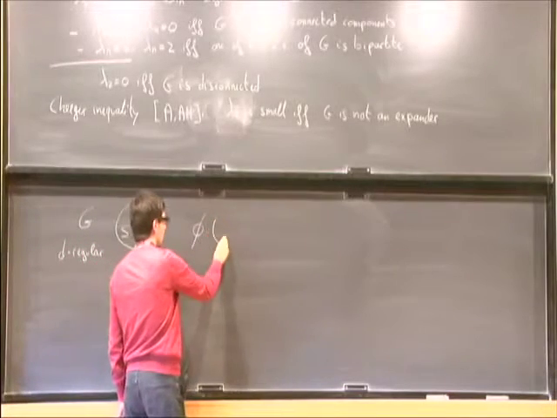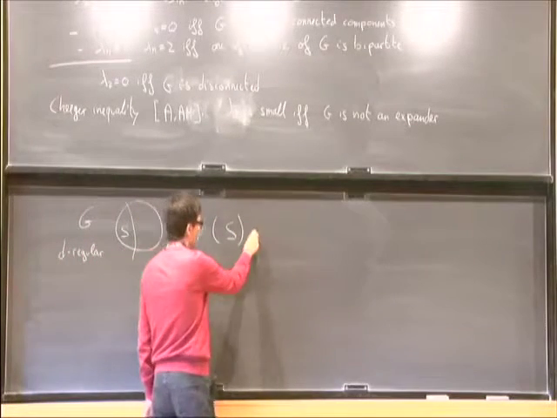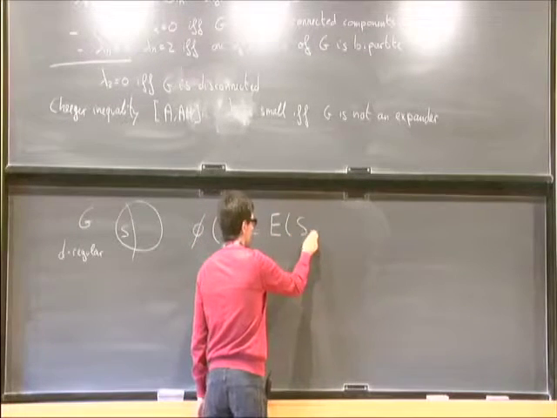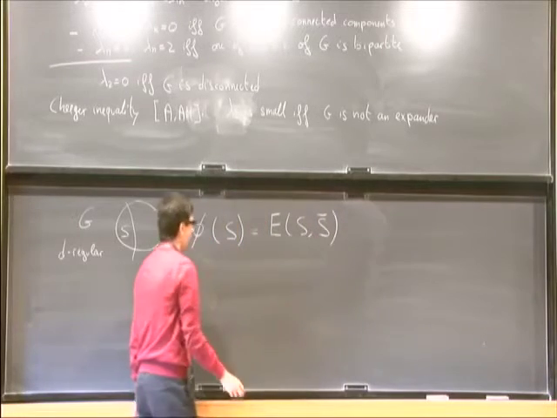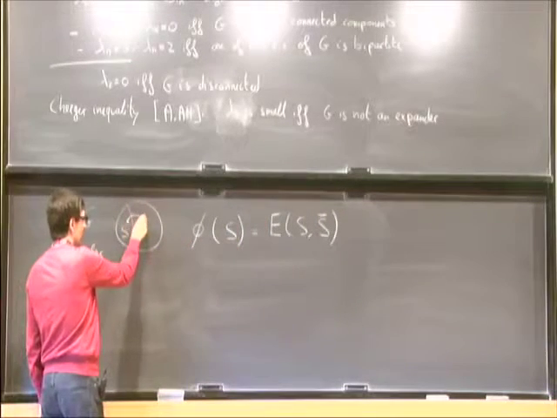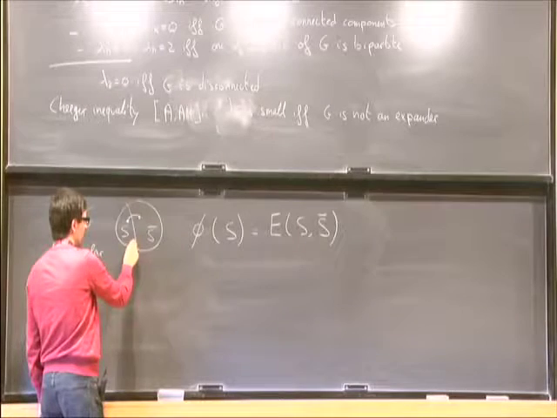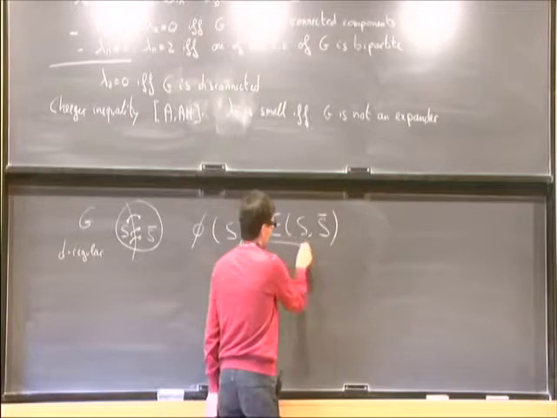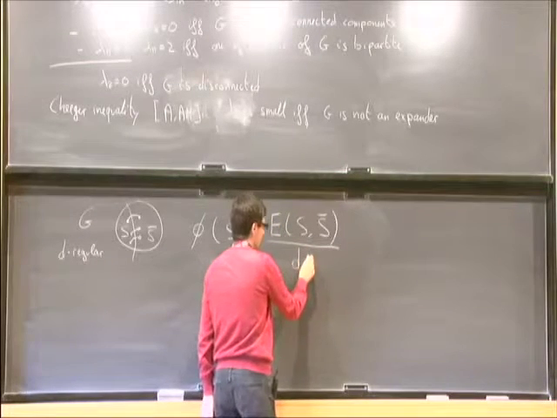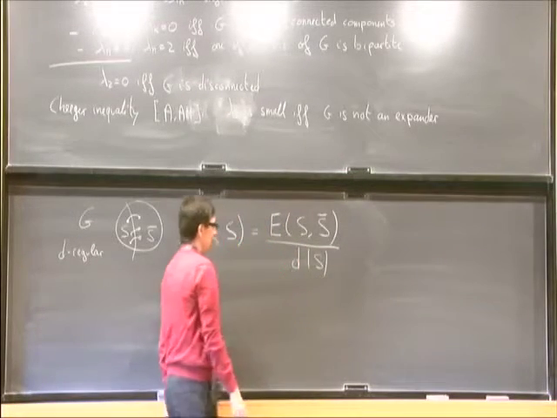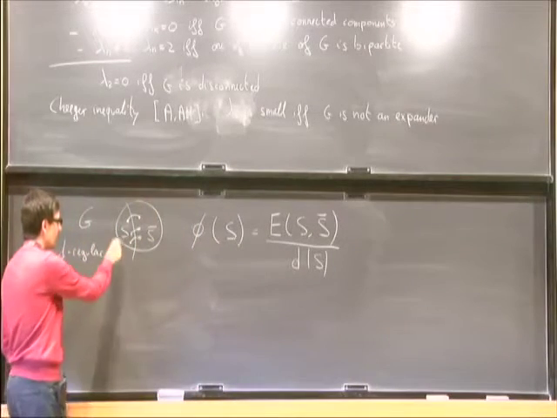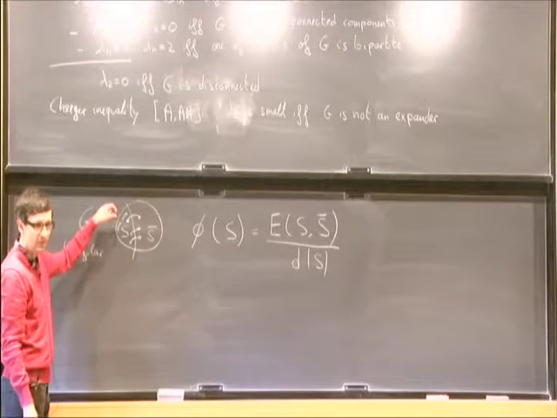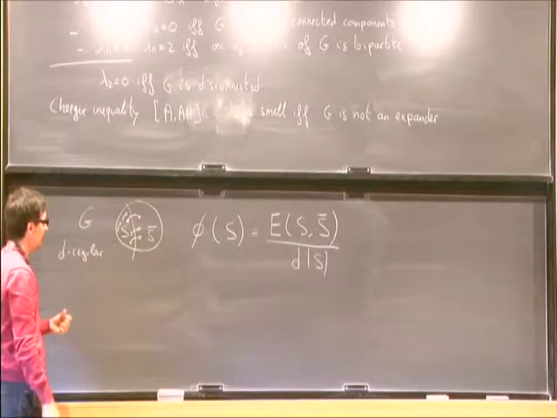So we'll say that the expansion of a set of vertices will be the number of edges that leave the set of vertices, so the number of edges with one endpoint in S and one endpoint in the complement of S, divided by something that up to a factor of 2 is the total number of edges that are incident on the elements of S.